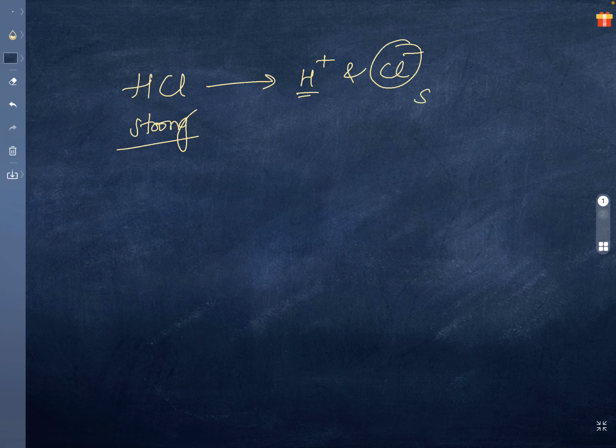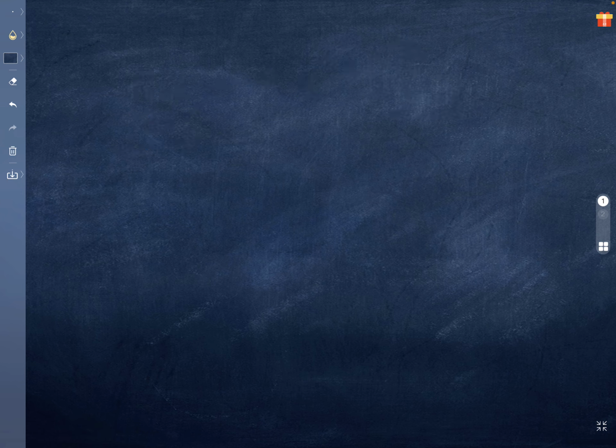That means the conjugate base is stable, so it can release protons very easily, and it is not accepting protons back. So if you try to remember this, things will be easy. In the Bronsted Lowry concept, transfer of proton is neutralization.